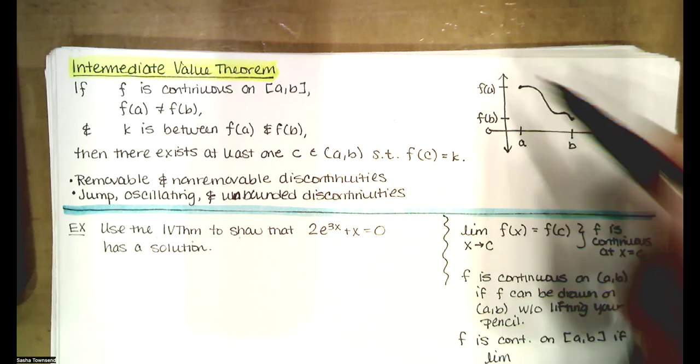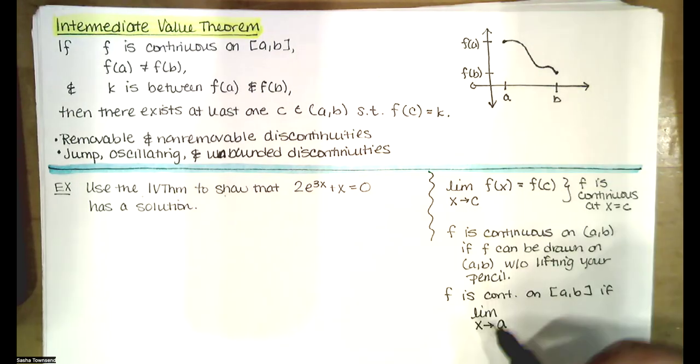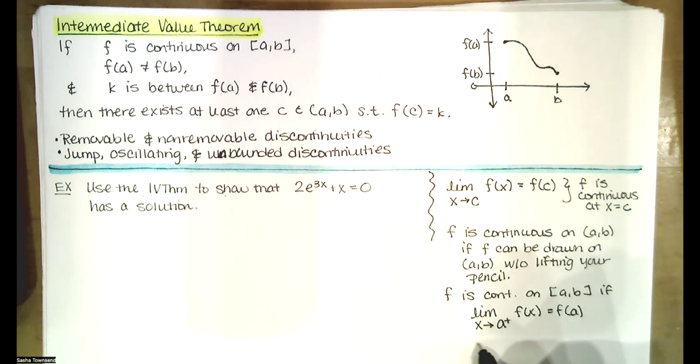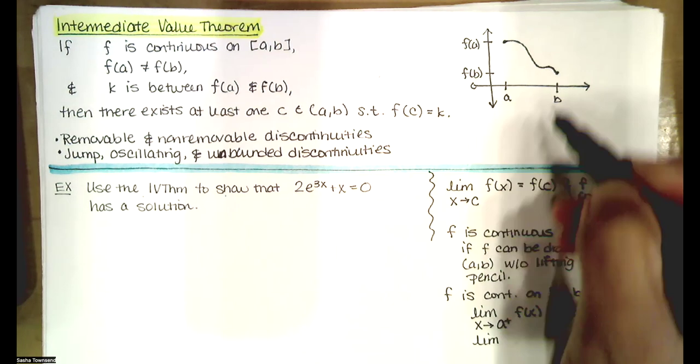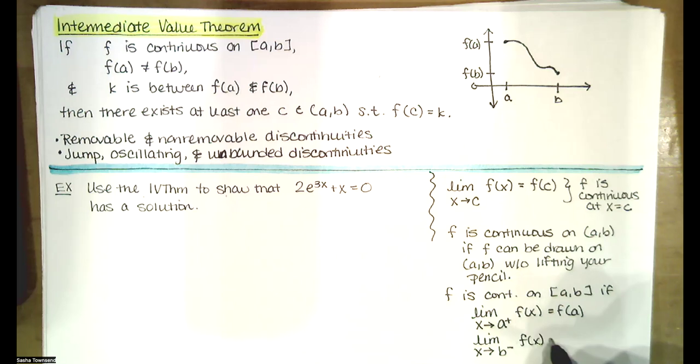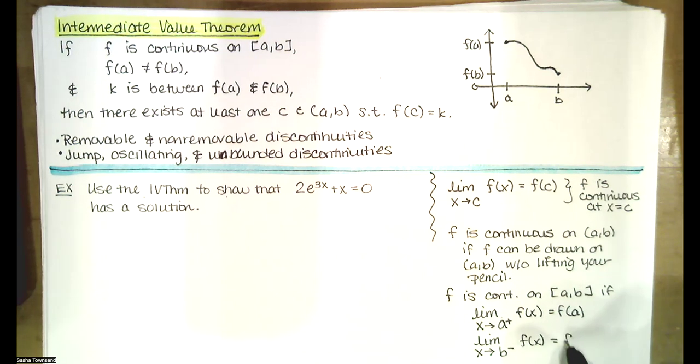Basically, it has to be continuous from the right at the left endpoint, because we're approaching that point from the right. And it also has to be continuous from the left at the right endpoint. So you're able to just plug in those values and get the right thing.